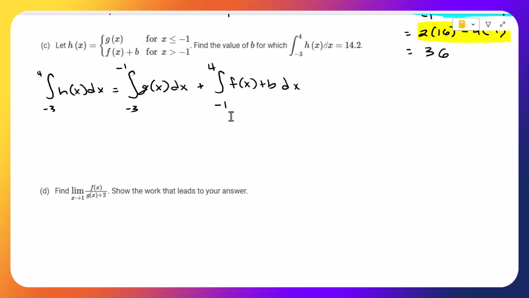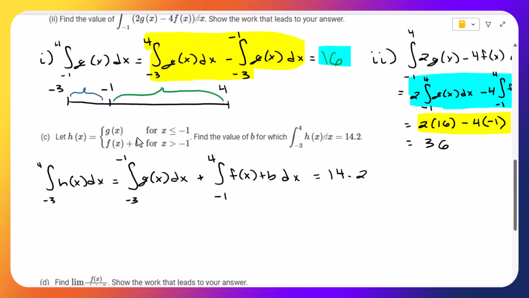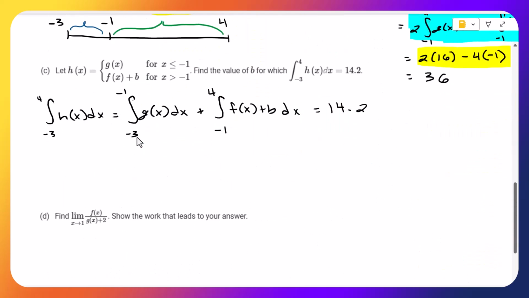And we want this to equal 14.2. Well, the integral from -3 to -1, they tell us that that's -4.8. So this equals -4.8.